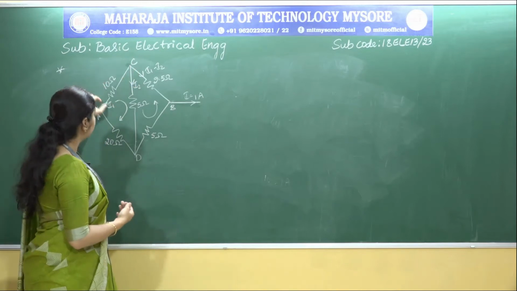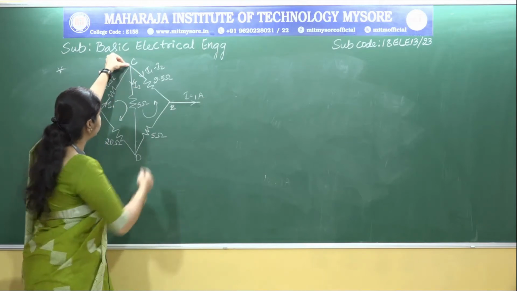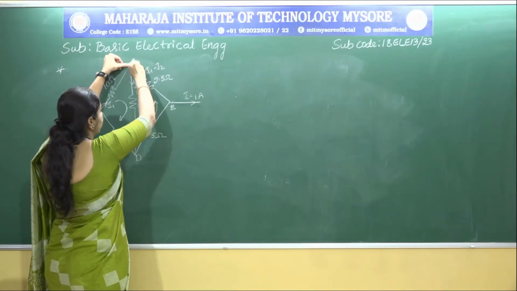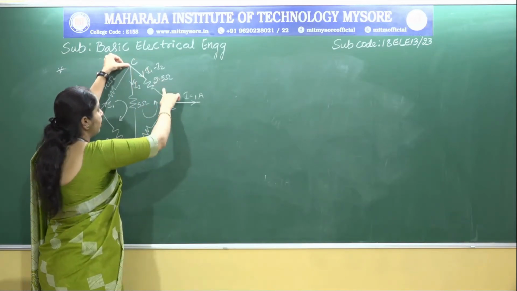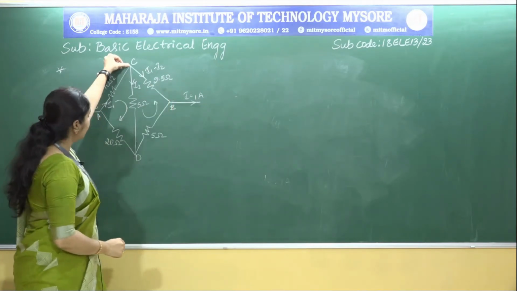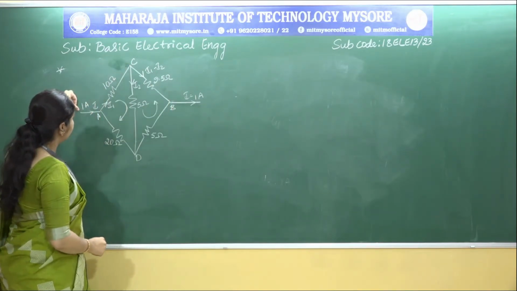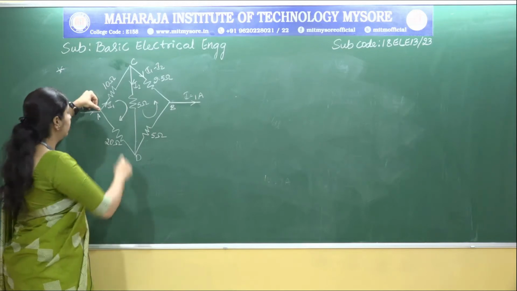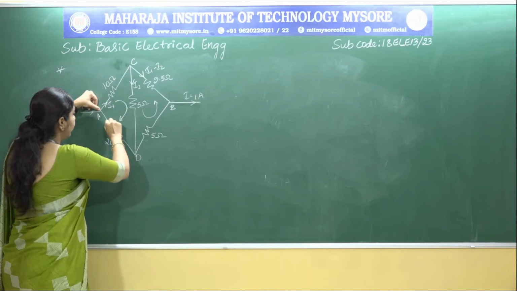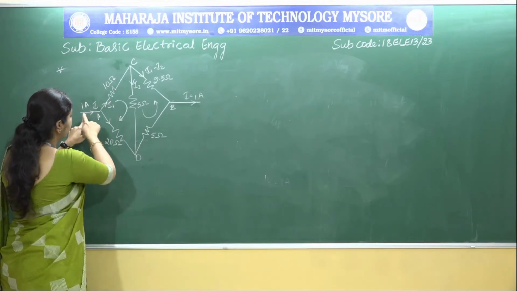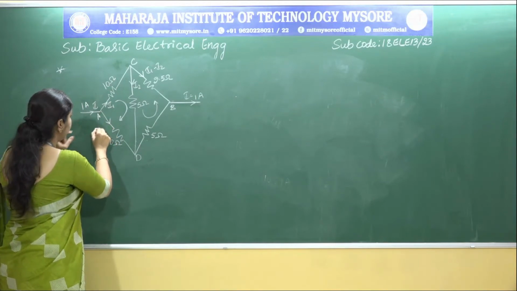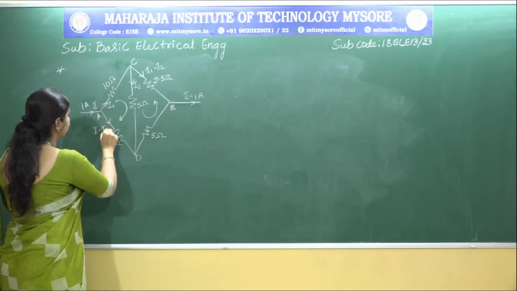I1 current is entering this junction and I2 current is leaving the junction. Now the current I is entering the junction and I1 is leaving the junction, so I treat this current as I minus I1.